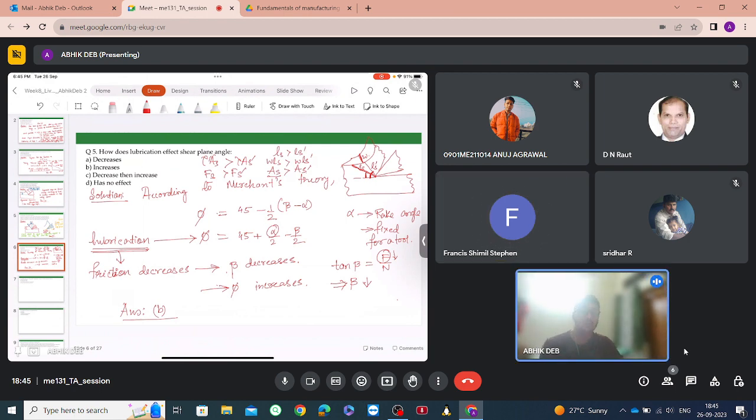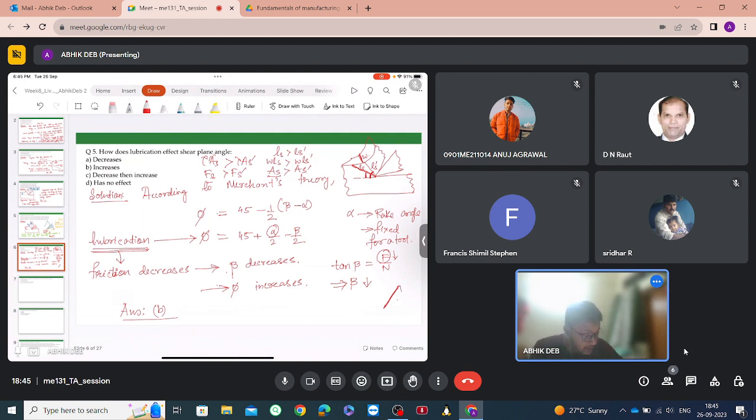A single point cutting tool does not mean that one single needle-like point will be in contact with the workpiece. The entire cutting edge, like this, will be in contact with the workpiece. That is how a chip can be formed.